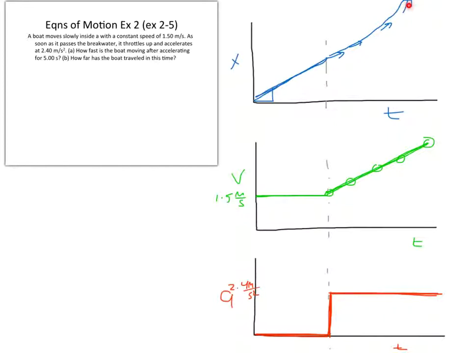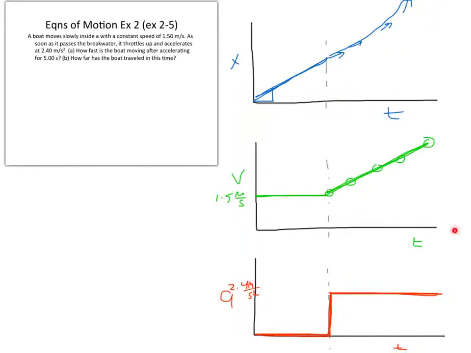Okay. Last thing we're going to do is see if we can graphically solve for how far the boat has traveled in this amount of time. All right, now the amount of time after the breakwater, so really all we care about in the problem is what takes place after this point, after the breakwater right there.